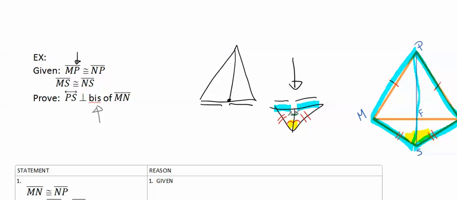So then why did we go ahead and say that these two angles are congruent to each other? Well, if we establish that they're congruent and they're supplementary, that will conclude that they are right angles, which would then conclude that it would be a perpendicular bisector and not just a bisector.